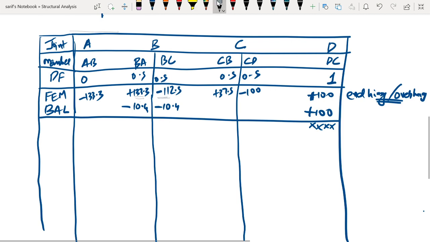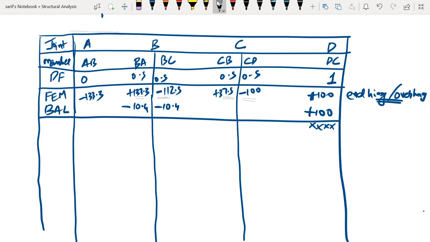Next thing is we have to balance joint C. When we balance joint C, again first we have to find the net unbalanced moment at joint C. So that is minus 100 plus 37.5. So the net unbalanced moment is minus 62.5. To balance it, we have to apply plus 62.5.